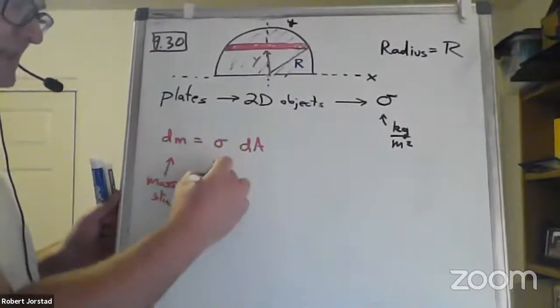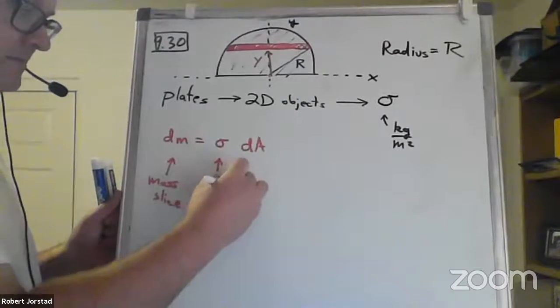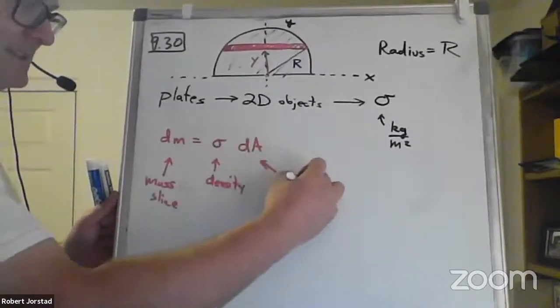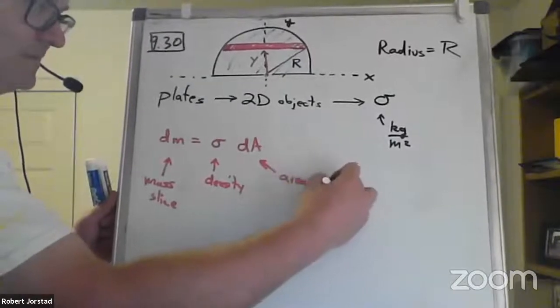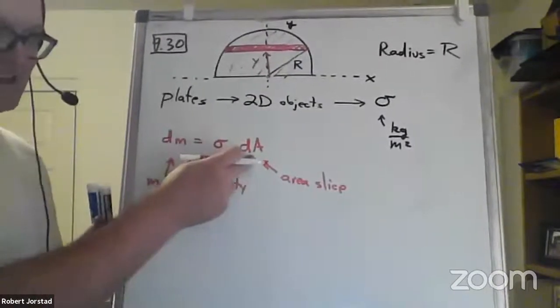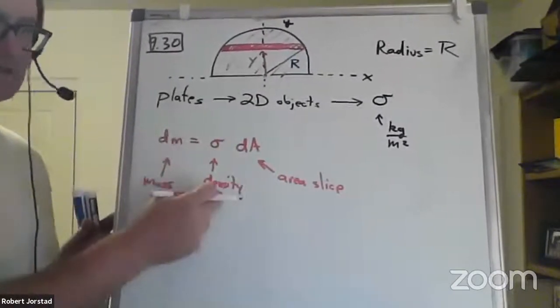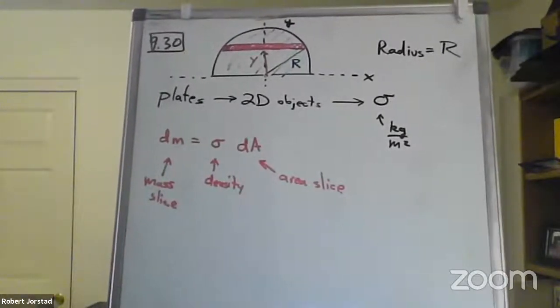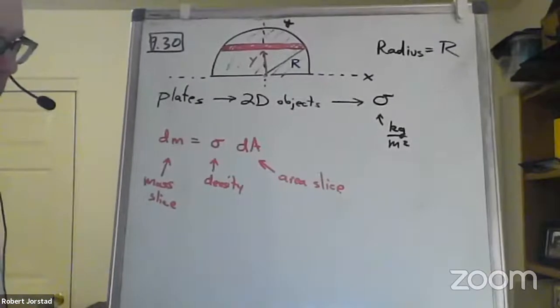This is the density. And this is the area of my slice. So if I have a tiny slice, I have a tiny mass, but my density is not tiny.